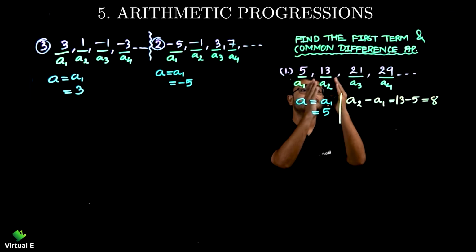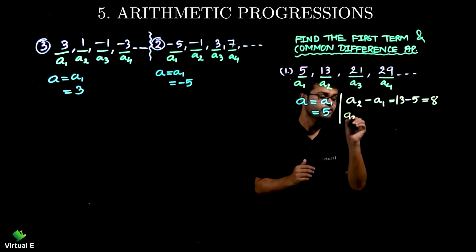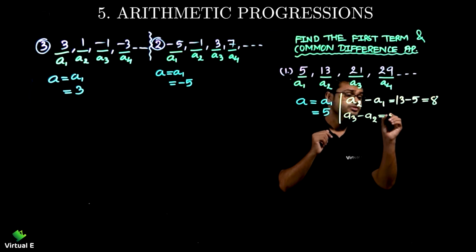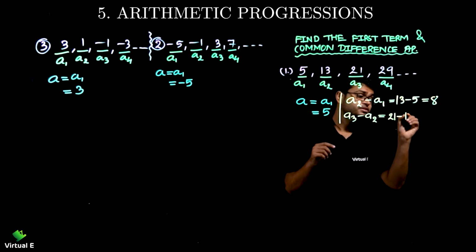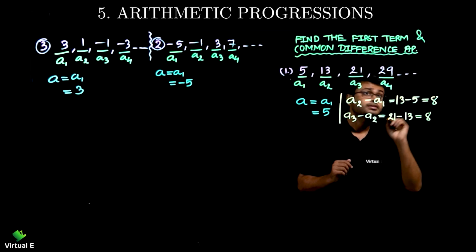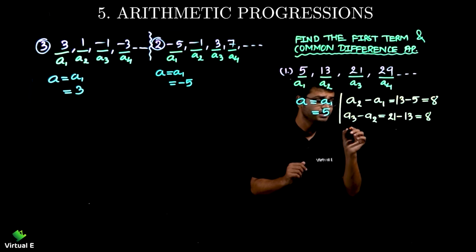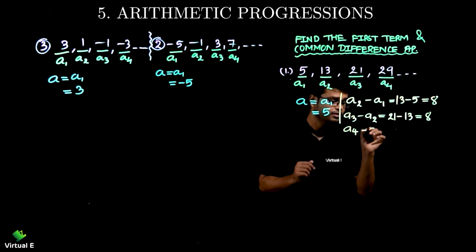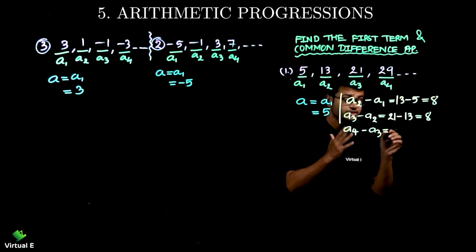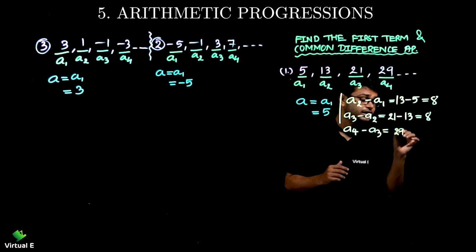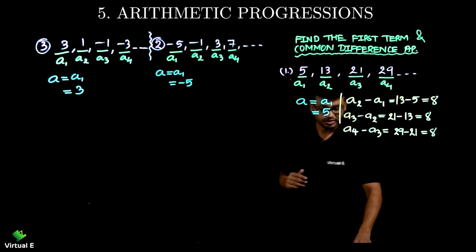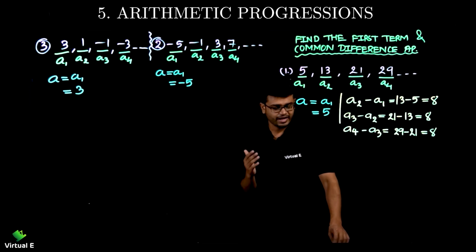Now let's do a3 minus a2. Are we getting the same or not? a3 minus a2, which is 21 minus 13, and what's the value? 8. Let's do a4 minus a3, not a1. So that will give you 29 minus 21, which is also 8. So what is my value of d?